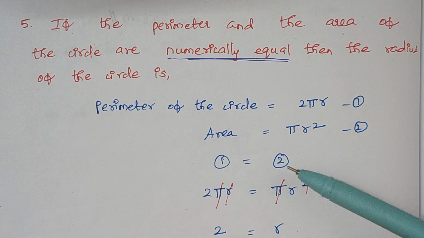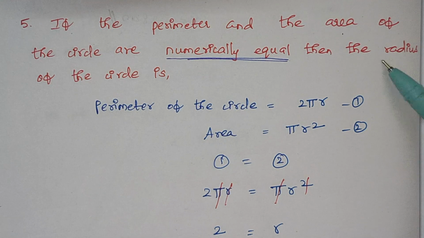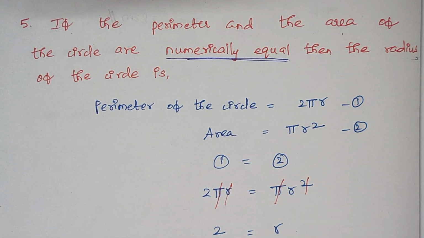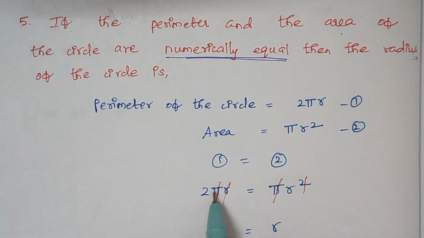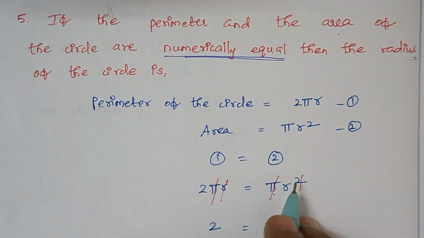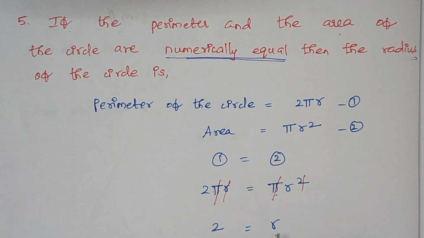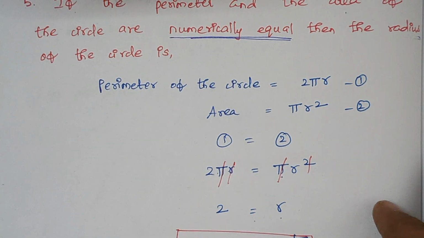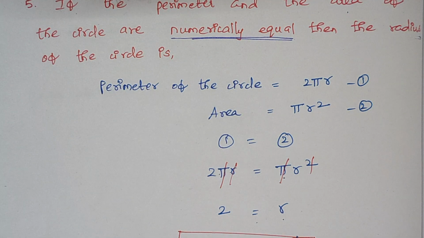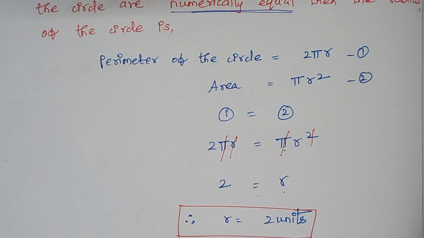So 1 is equal to 2 because that is given in the problem, and we have to find the radius. Here pi cancels each other, and r and r square will cancel, and we will have 2 is equal to r. So we can simply write the value of radius r is equal to 2 units, right?